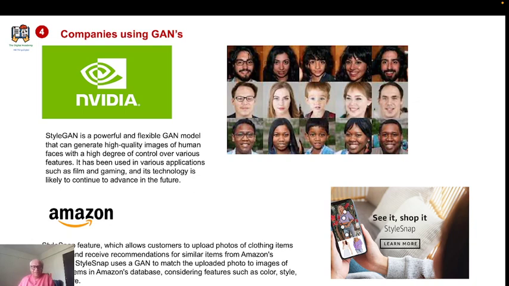Similarly, Amazon has invested in GANs through its StyleSnap feature, which allows customers to upload photos of clothing or any items to get recommendations for similar items from Amazon's inventory. So it does a perfect match based on the image that you upload. It kind of predicts what would suit me well, taking personalization and the recommendation engine to a completely different league.